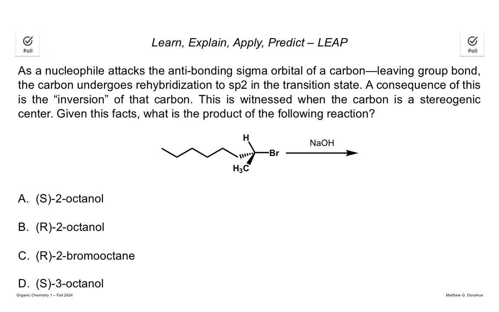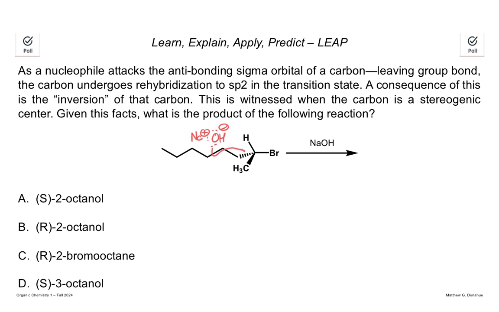So this question is another SN2 practice, and my advice is to draw the product out, then go through the same exercise. So this one's probably easier to see in terms of the inversion after we draw the product. So Na+, OH-.